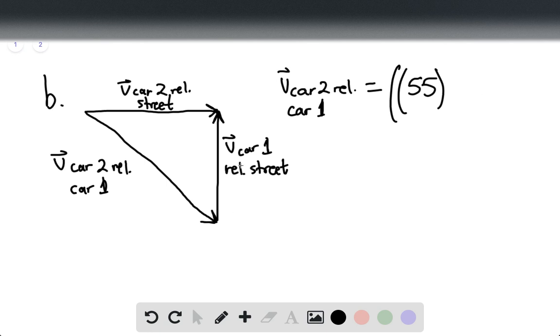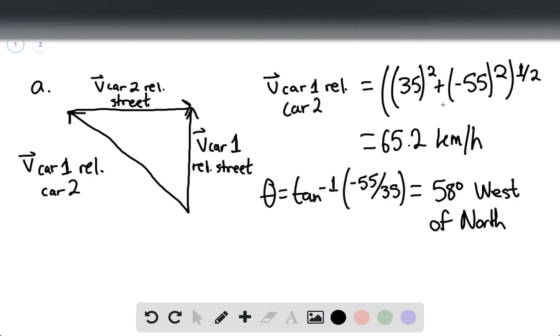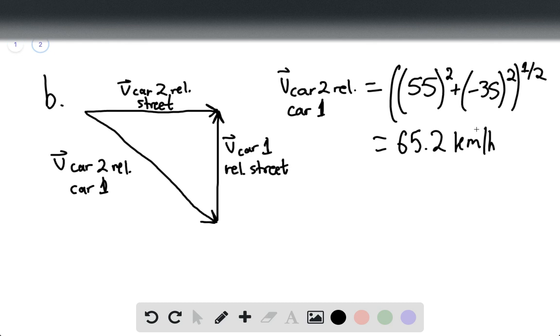So the magnitude of the velocity of car 1 relative to the street is going to be negative, so it'd be negative 35 squared, and then all to the 1/2 power, of course. And this is going to equal 65.2 kilometers per hour, which makes sense because this would give the same answer as this.